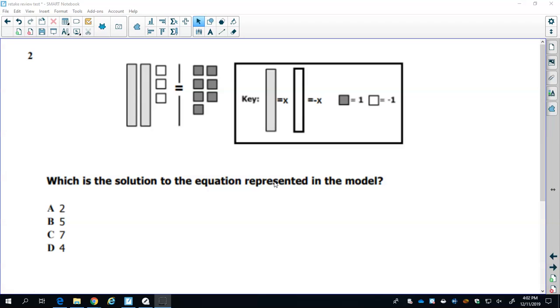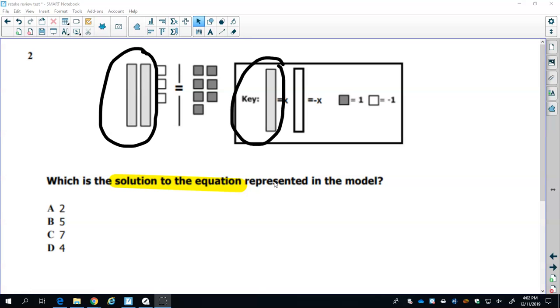It's another model, but this time we're going to solve it. So this one we're going to write the model and we're going to find the solution to the equation. So what that means is we're going to look at the key, just like we did last time. And we're not only going to write the equation, but we're going to solve it. So if you notice these light gray ones here, they're positive x's. We have 2 of them, so that's 2x.